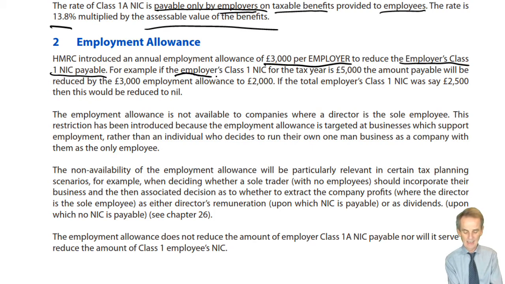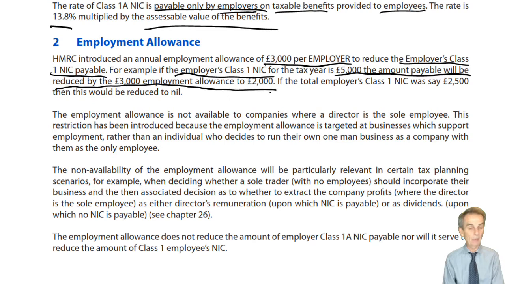Again, only employers' Class 1 NIC is this employment allowance deductible from. So if that figure was £5,000, the amount payable will be reduced by £3,000, and obviously that would reduce it down to £2,000. If the total for all employees had come to only £2,500 or anything less than £3,000, then obviously the figure would be reduced to nil.